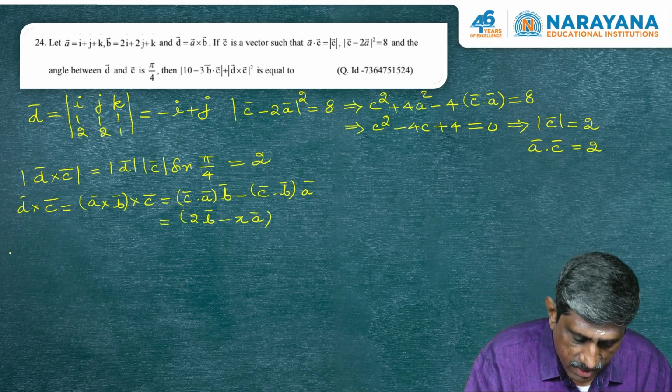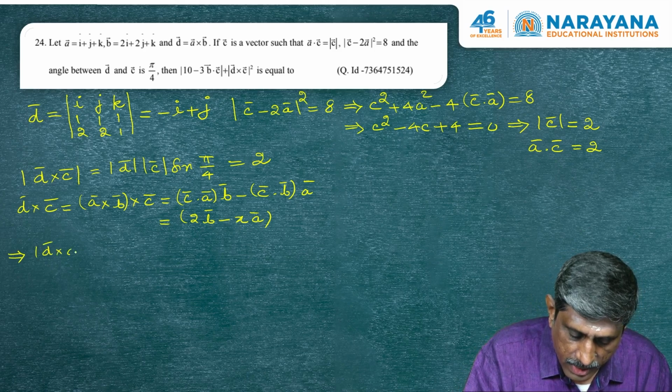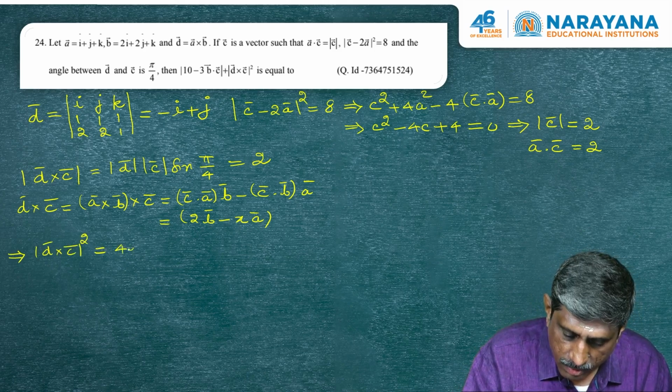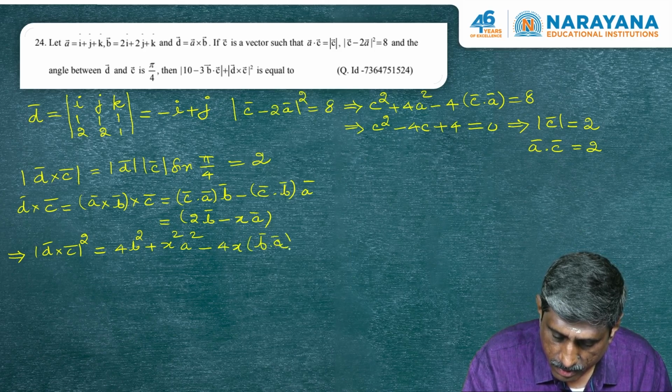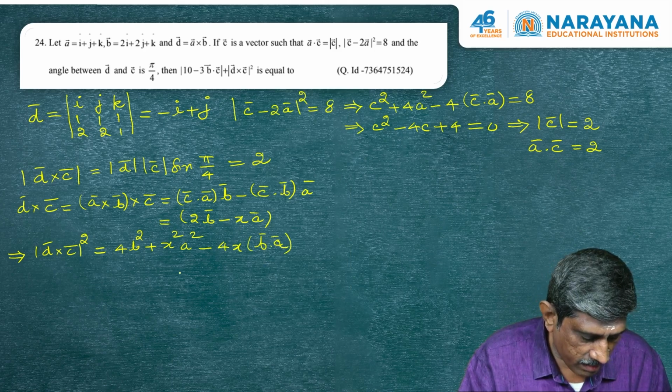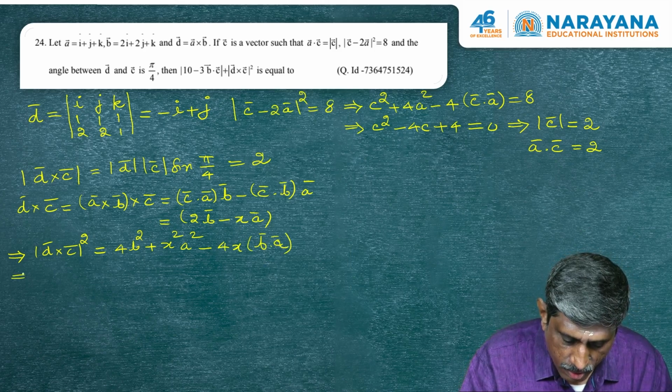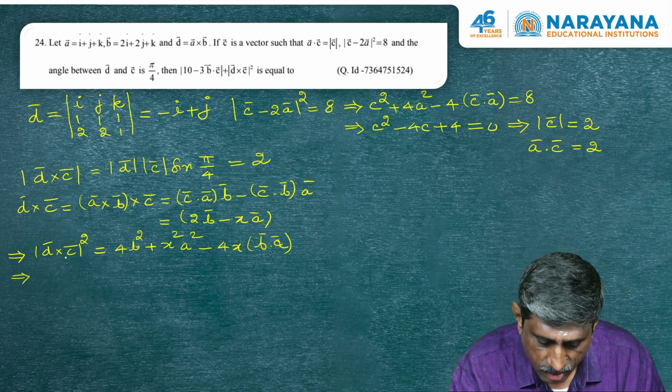And when we simplify this, modulus of D cross C the whole square is equal to 4B square plus X square into A square minus 4 times of X into B dot A. And when we simplify this, modulus of D cross C, already we have calculated it as 2.